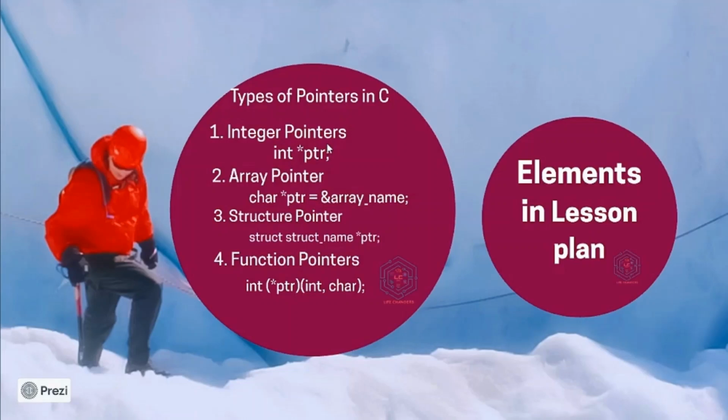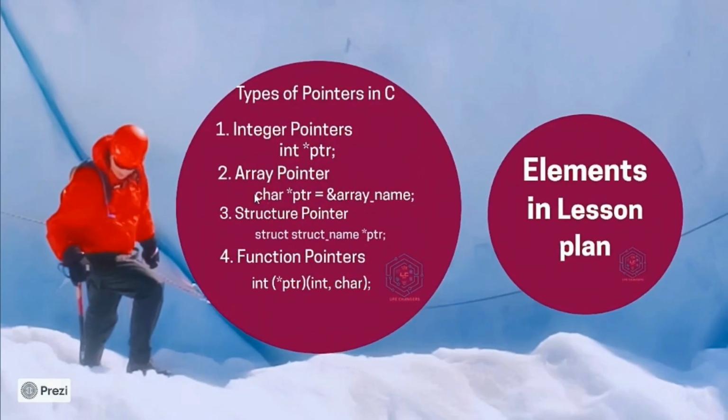The 10 is an integer, and accessing it this way comes under integer pointers. And array pointers: we can also access an array by using pointers. Here we declare the array as a string, so we are using the character data type.